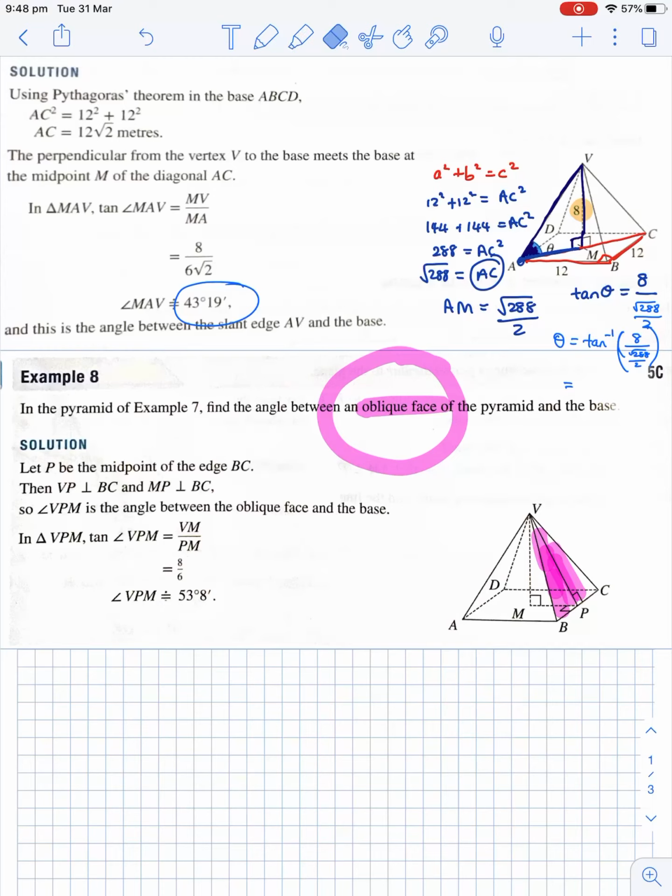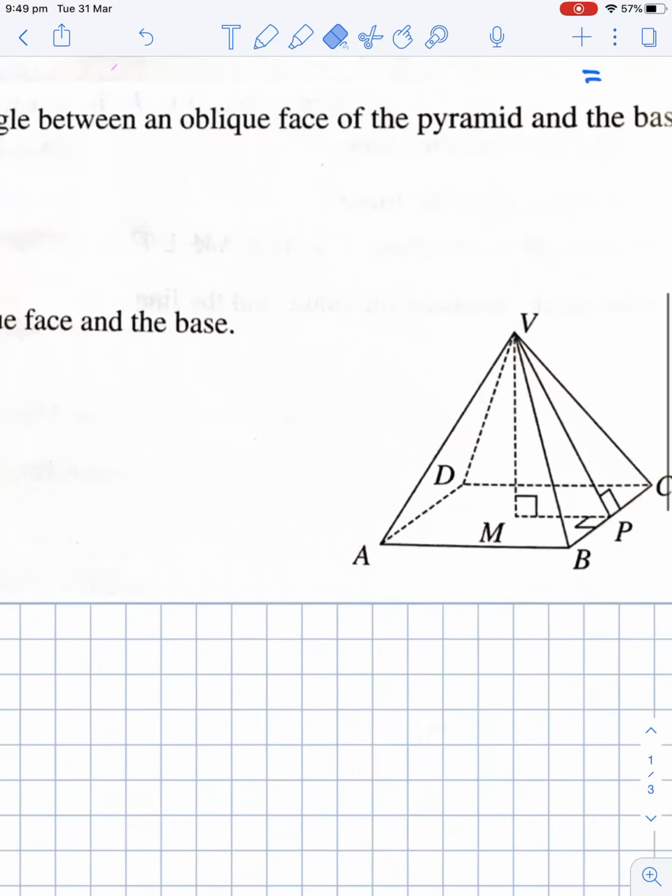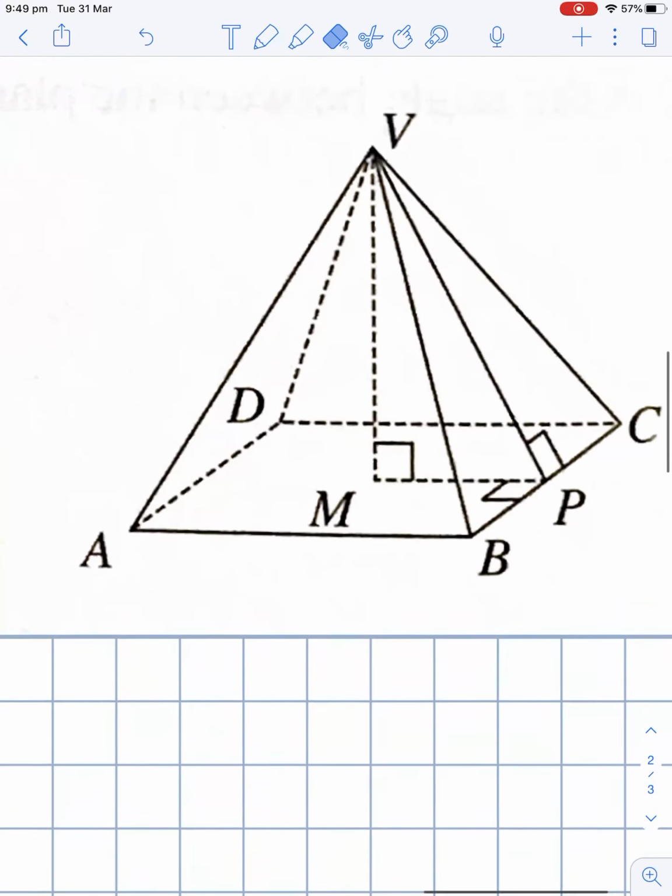So the only difference between the first question and this question, they want the angle between this face here and the base, but over here this was just the slant edge. So very similar questions, but they are going to give us different results. So let's have a really good look at this triangle here.